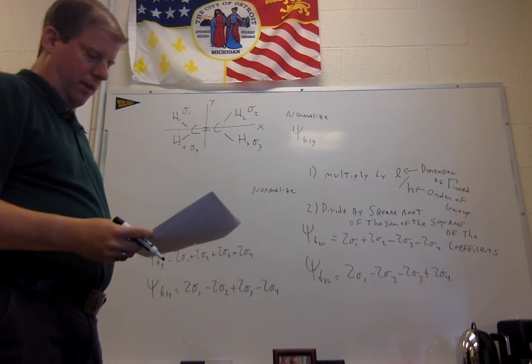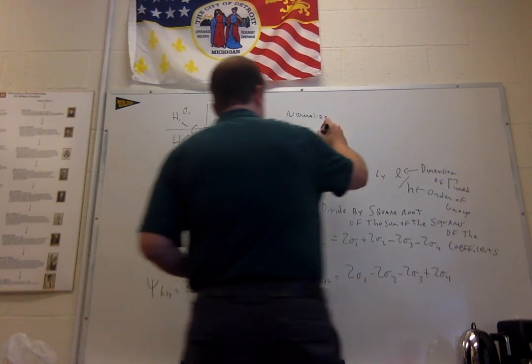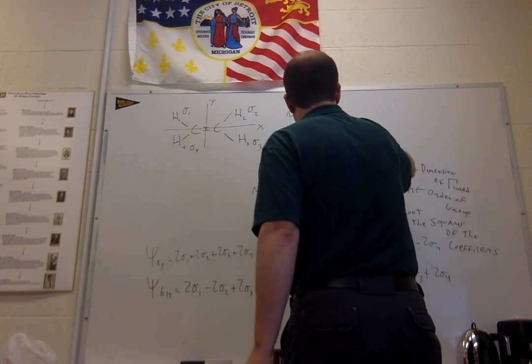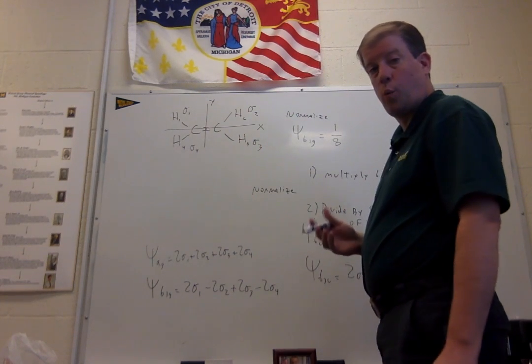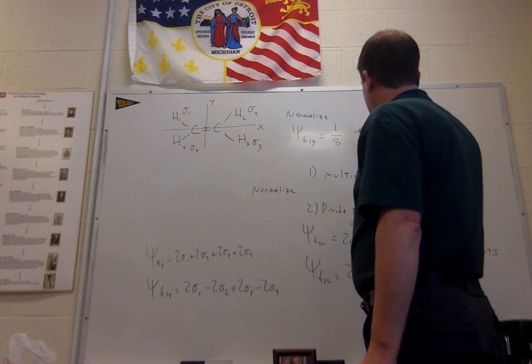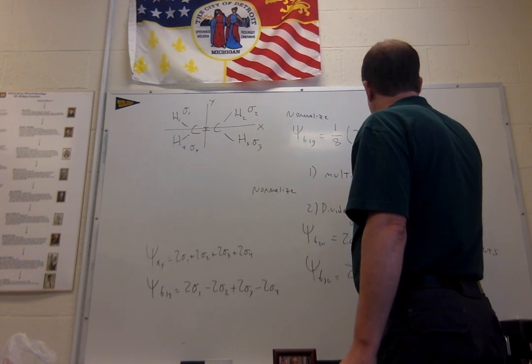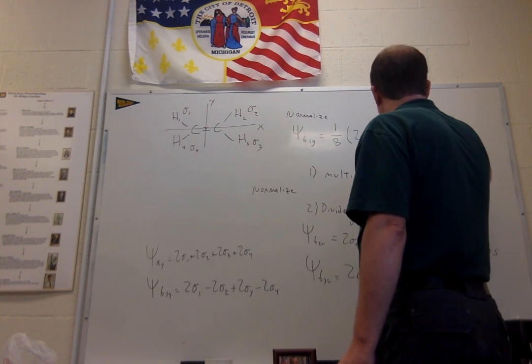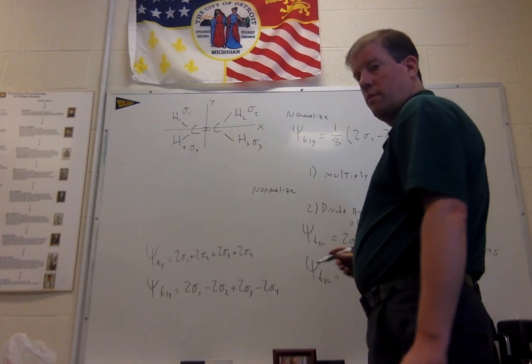You multiply the whole thing by L over H. And so what we're going to do is multiply B1G by 1/8. So 1/8 times 2 sigma 1 minus 2 sigma 2 plus 2 sigma 3 minus 2 sigma 4. Okay.